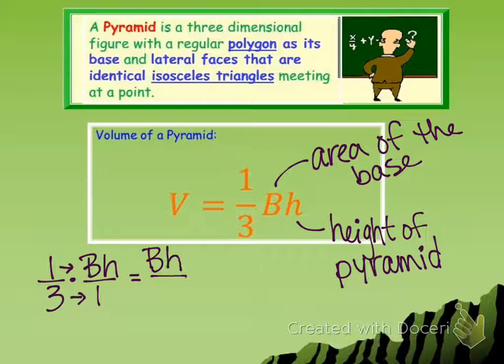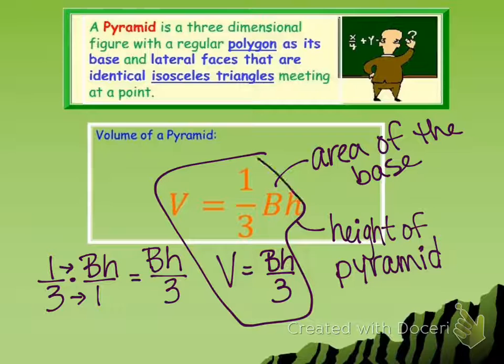Capital BH. Divided by 3 times 1 is 3. So if you would rather remember it as V equals capital BH over 3, it's the same thing. Multiplying by a third and dividing by 3 are the same. So you need to remember one of these.